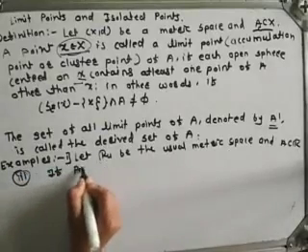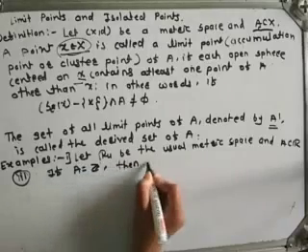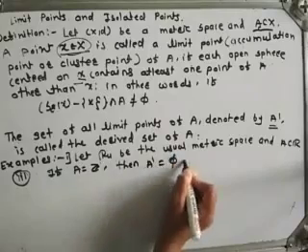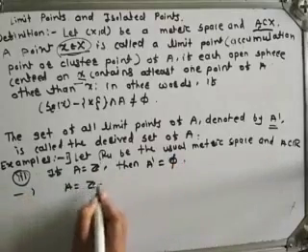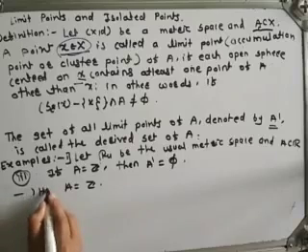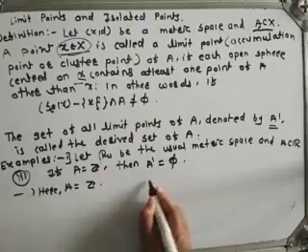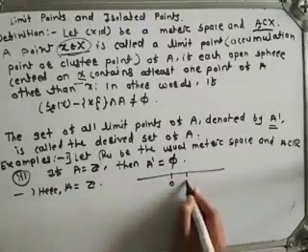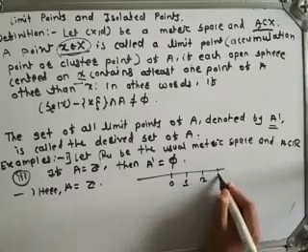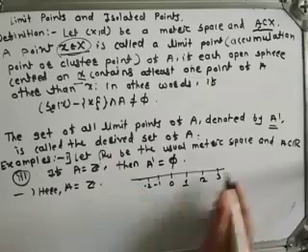If A is equal to Z, then the limit point of A is equal to empty set (φ). Here A is equal to Z, which means only 0, 1, 2, 3, -1, -2 and so on.